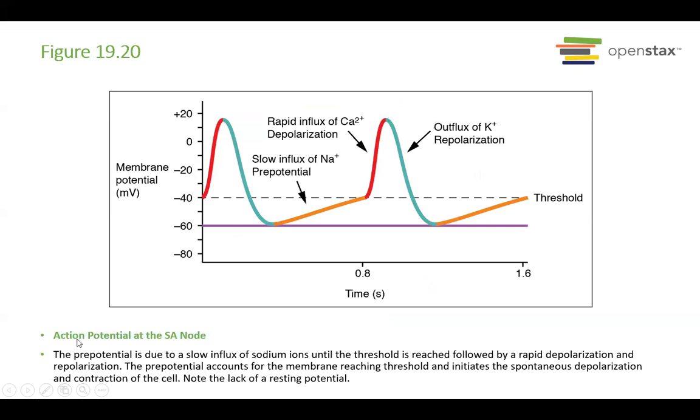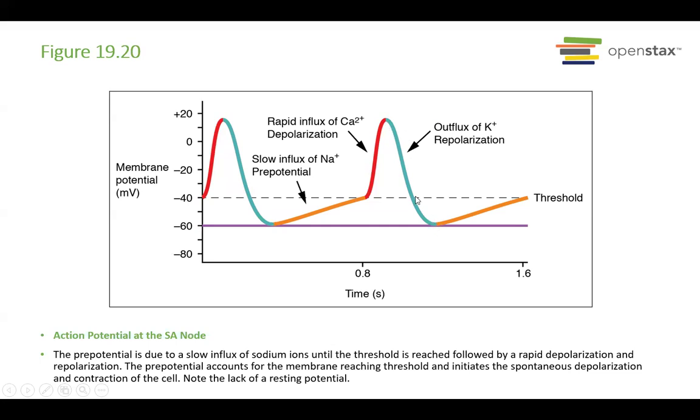So, the action potential at the sinoatrial node. The pre-potential, remember when we talked about depolarization, is due to a slow influx of sodium ions until a threshold is reached, followed by a rapid depolarization and repolarization.